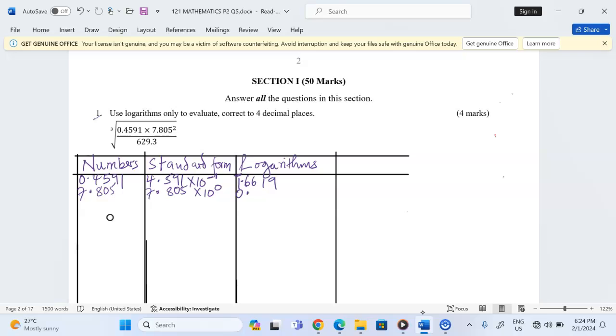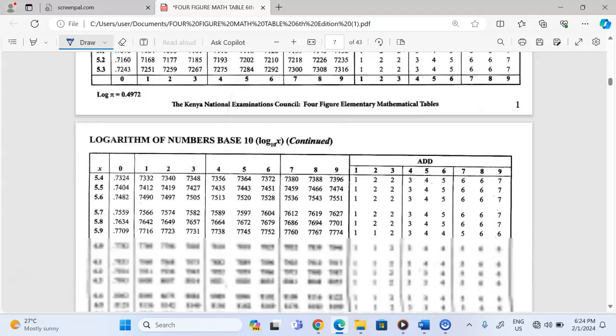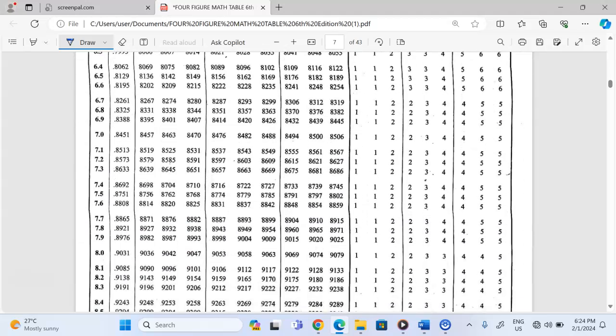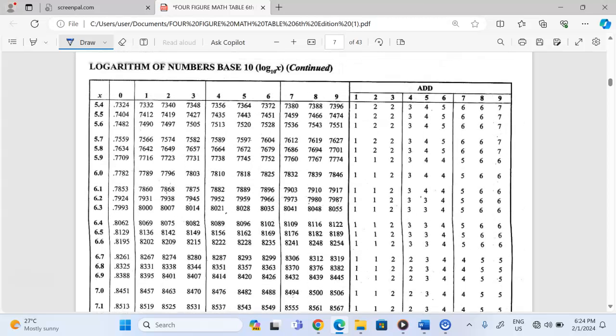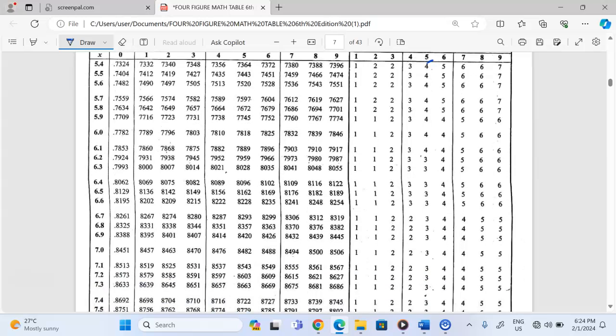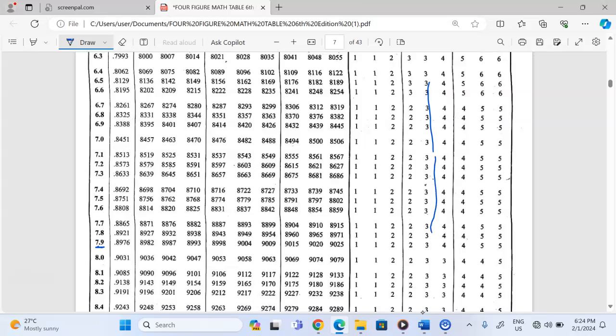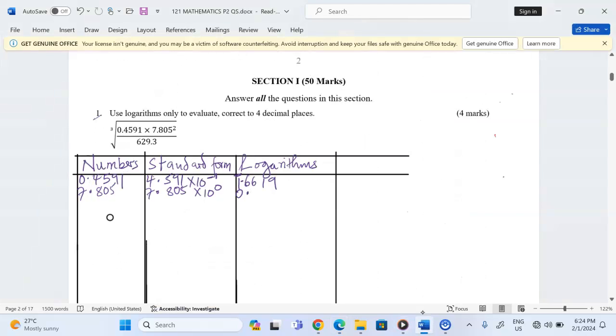For 7.8, then 0, and 5, going down the table we read 89.76 and add 3, so it will be 89.79.